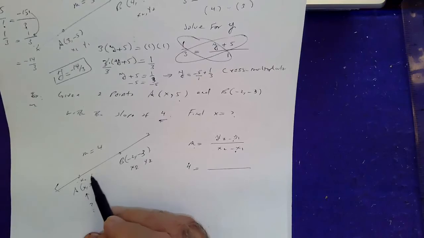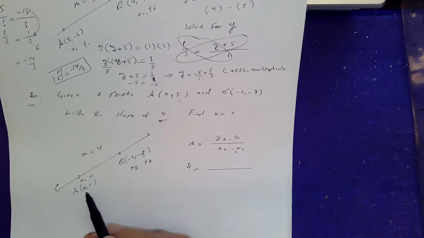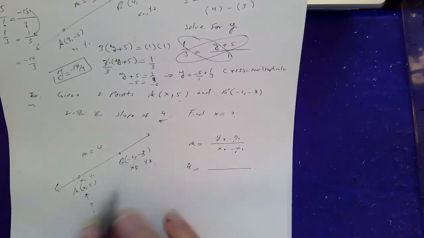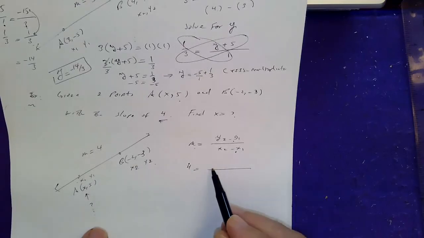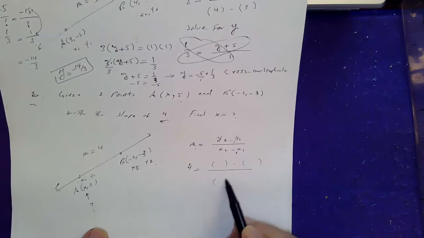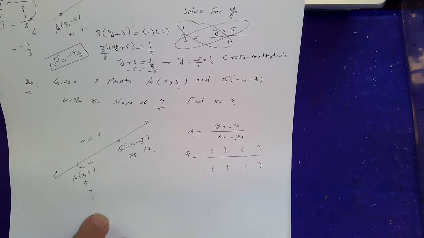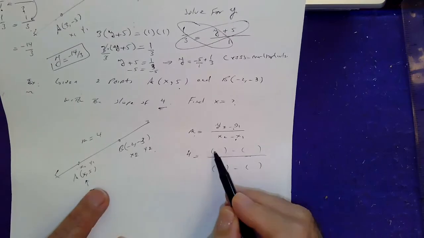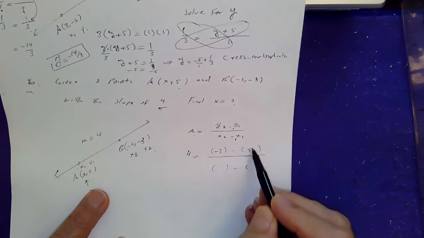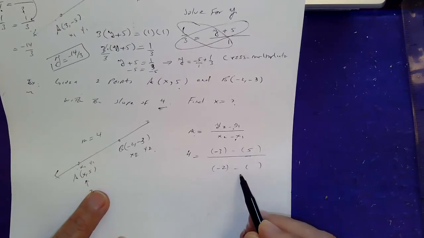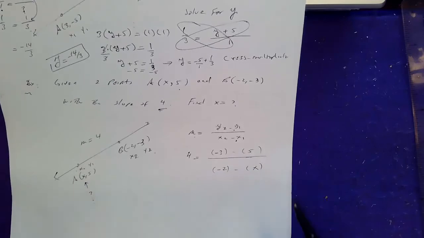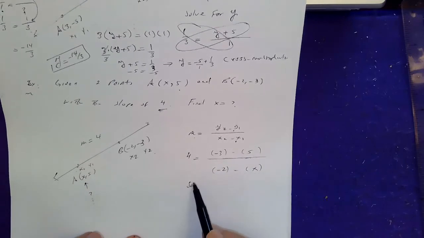You could have called them the other way around. It doesn't matter. So I'm going to get 2 parentheses with a minus just to remind myself how the formula works. So this would be negative 3, that would be 5, this would be negative 2, and this would be x.